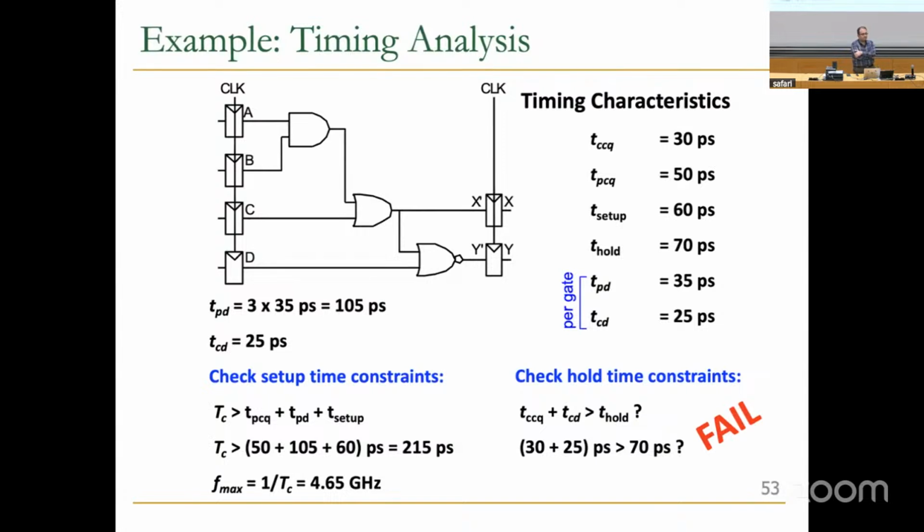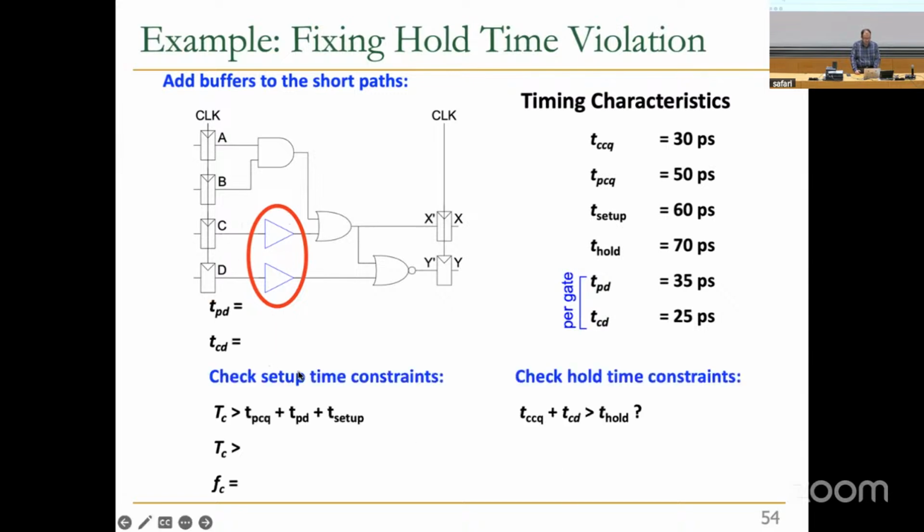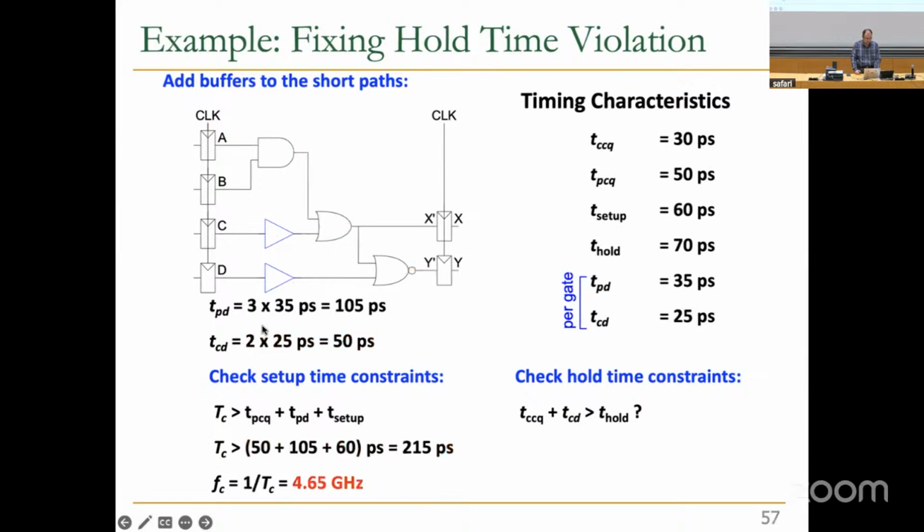Yes. Essentially, you need to add logic to artificially increase the latency of your circuit. So you add these buffers, and these buffers do not change your longest path. Your longest path is still that, so the setup time calculation is not changing at all.